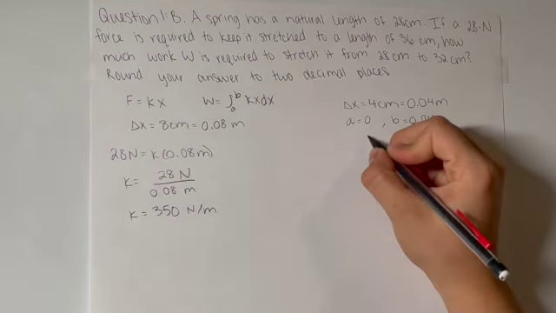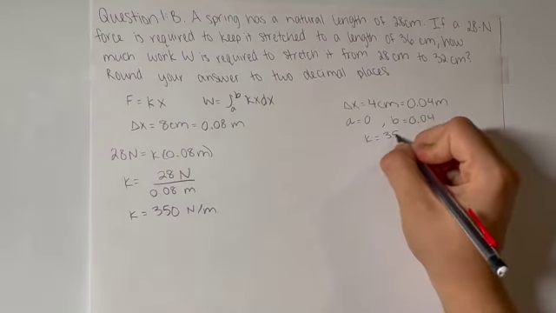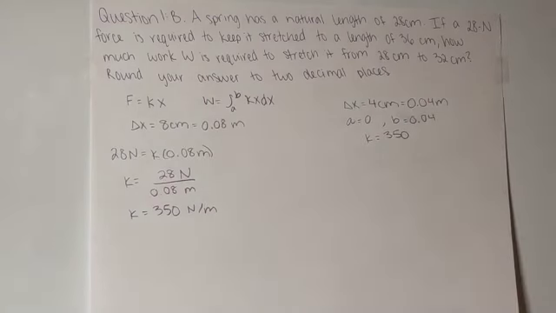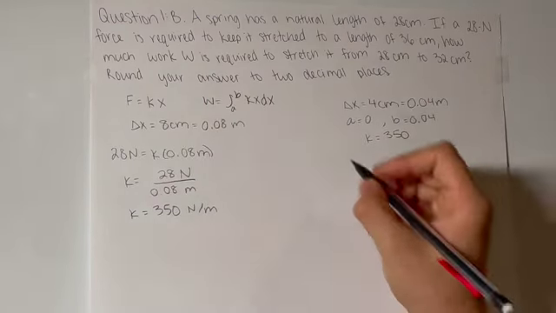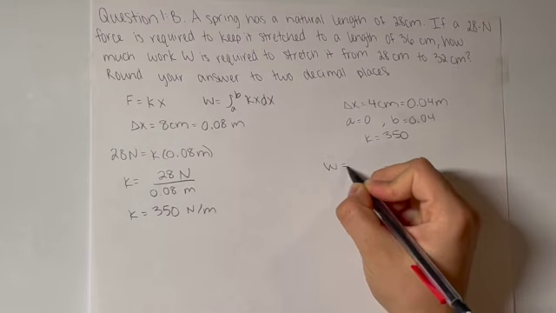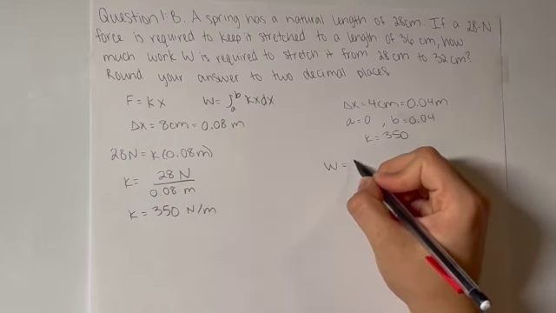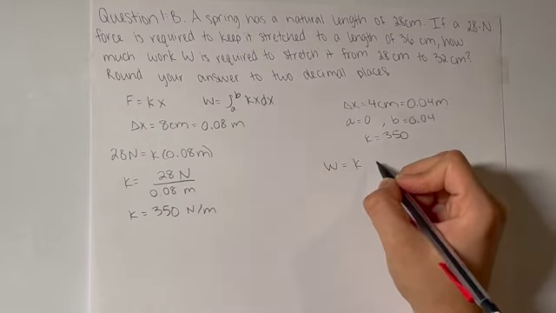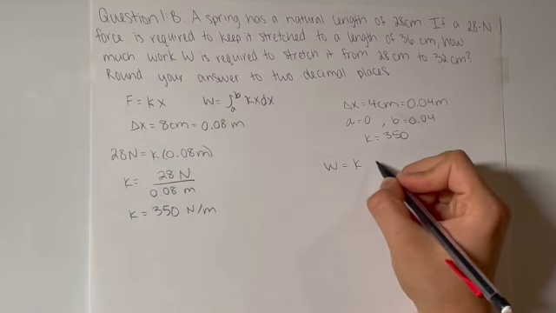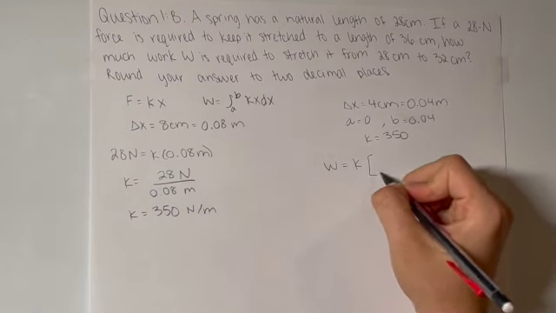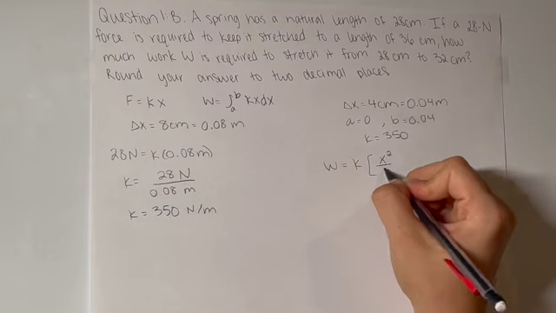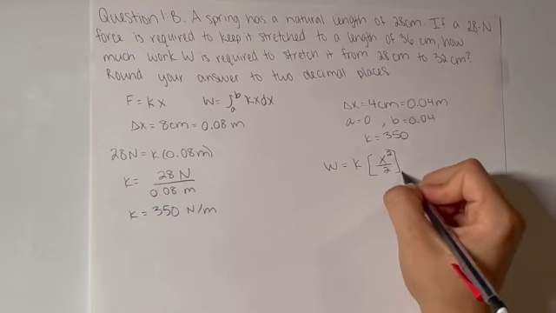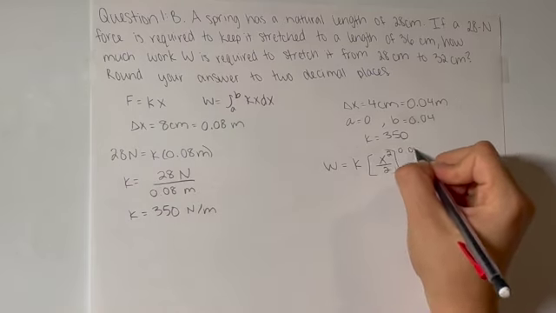We know that K is equal to 350. We can start off by bringing the constant K in front of the integral and finding the antiderivative of x, which is x squared over 2 from 0 to 0.04.